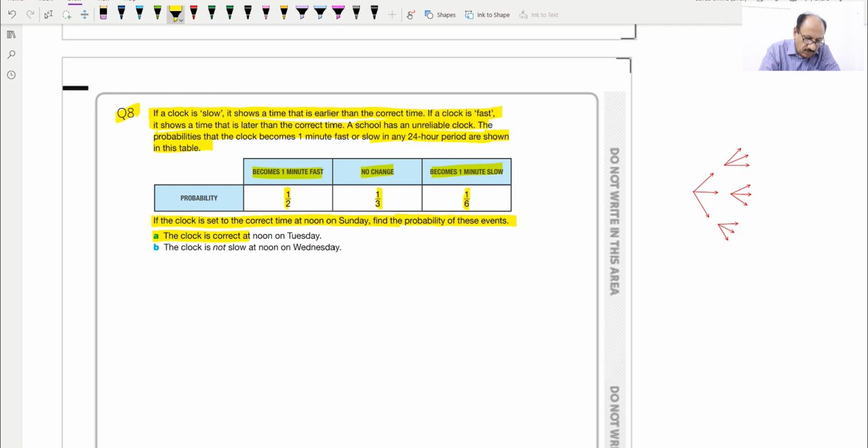So A part, the clock is correct at noon on Tuesday. So we started on Sunday. If we start on Sunday, there will be Monday and Tuesday. So we can take this one as Sunday, then next will be Monday and Tuesday.